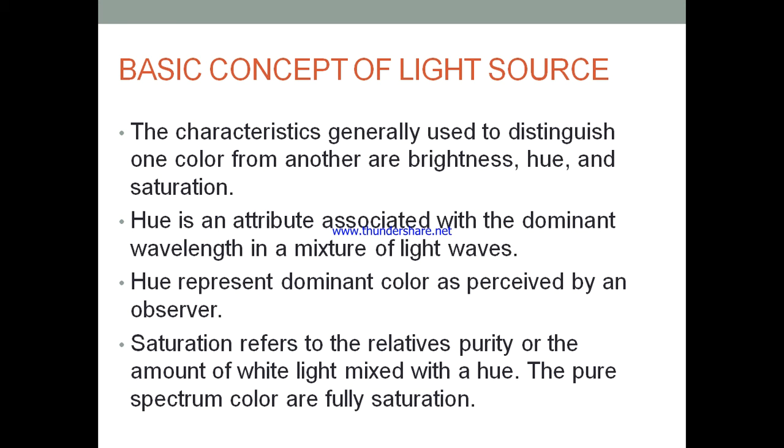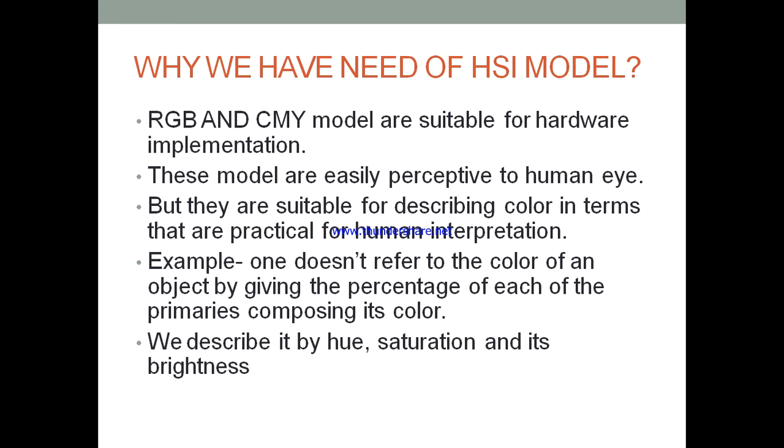For example, if you are seeing an object with a maximum color of blue and a minimum color of green, then automatically the maximum color can be said to be the hue. So it represents the dominant color that is perceived by an observer. What is saturation? Saturation refers to the amount of purity, or the amount of white light that is mixed with the hue.